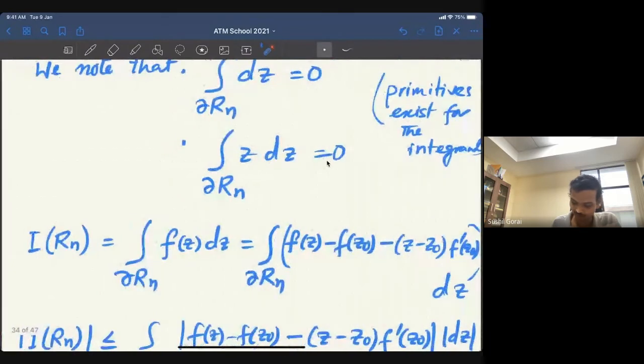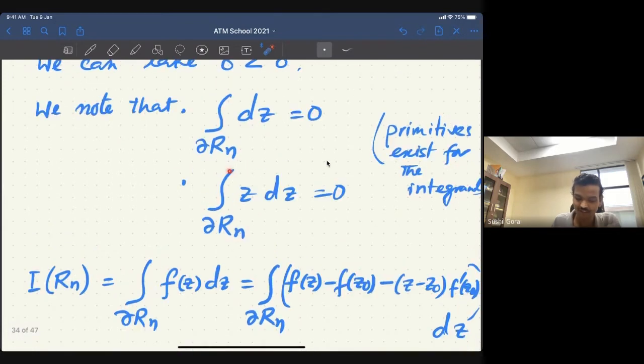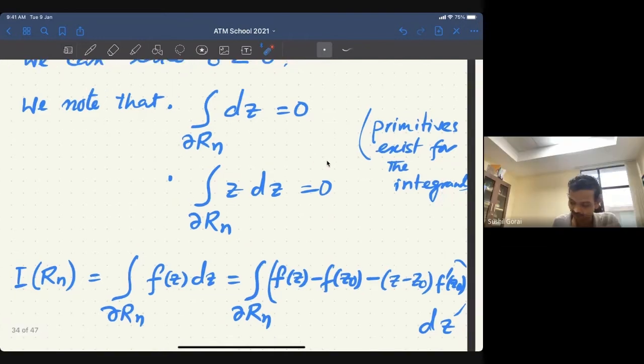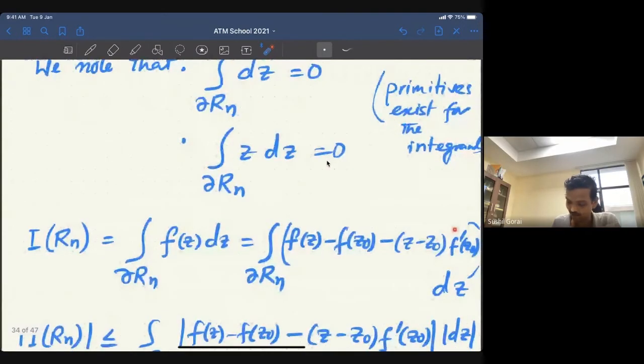So look at this part. What is it? It's a constant, right? Yes, so this is constant. So when you integrate, it will become 0 because the integral of dz here is 0. All right. Yes, sir. Now this part to the top, f prime z naught is a constant again.